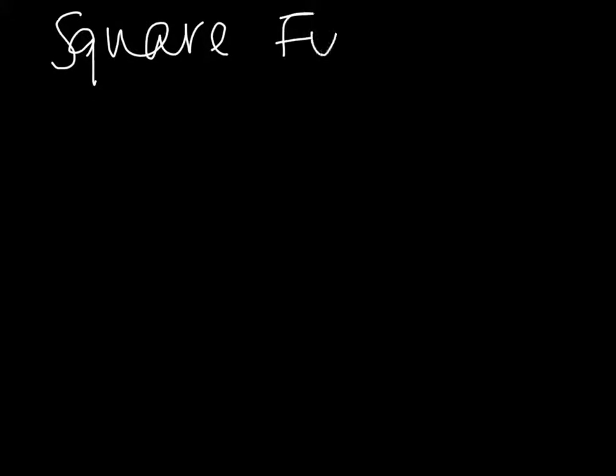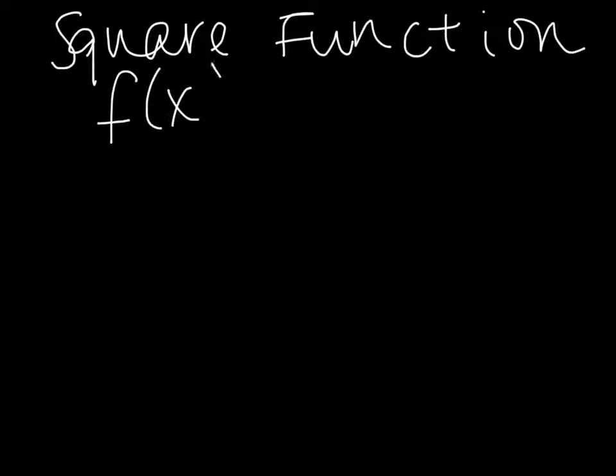The first one is the square function. The square function is also the graph of a parabola. So the equation looks something like this. F of x equals x squared, thus calling it the square function.